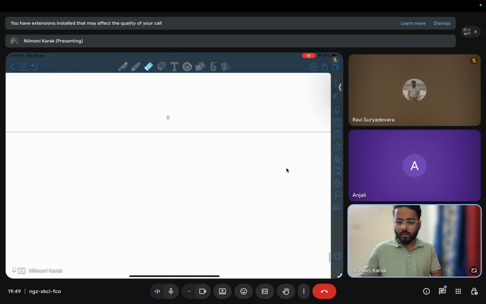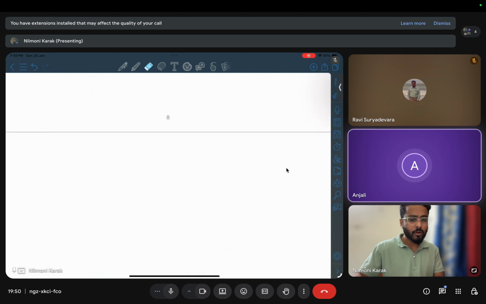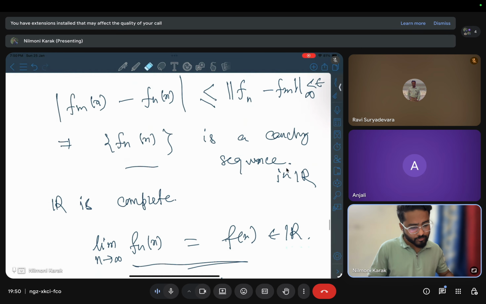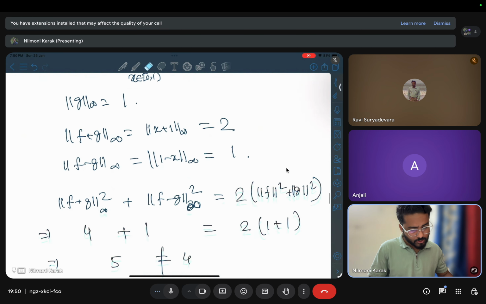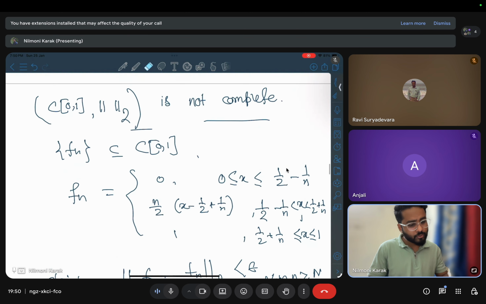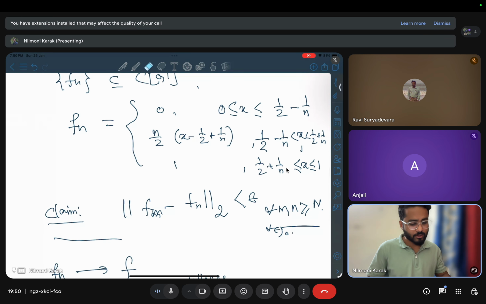But we just checked for the sup norm, the infinity norm. We haven't checked for the L2 norm. Okay, I just checked the L2 norm. So under the L2 norm, this is not complete. I initially discussed it.